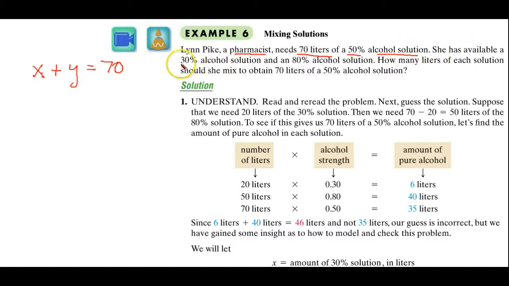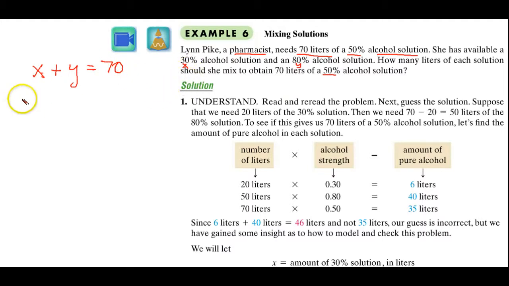What kind of alcohol do we have? Well, we have 30%. Well, we're going to call that the X amount. This is 30% here. And this is 80% will be the Y. And we're going to get a 50% solution of this.